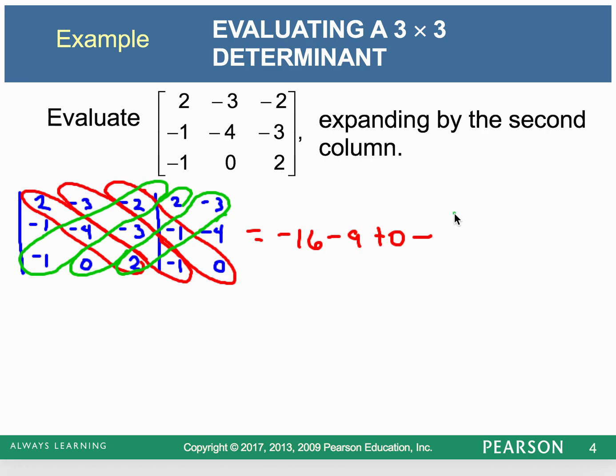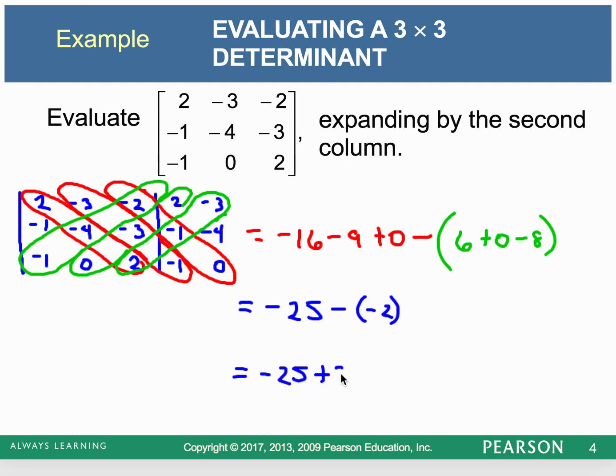So minus, I need my parenthesis there because I want to subtract every single one of these numbers. So minus positive 6, 0, I'll put it for emphasis, negative 8. All right, so my determinant is negative 25 minus negative 2, or negative 25 plus 2, negative 23.